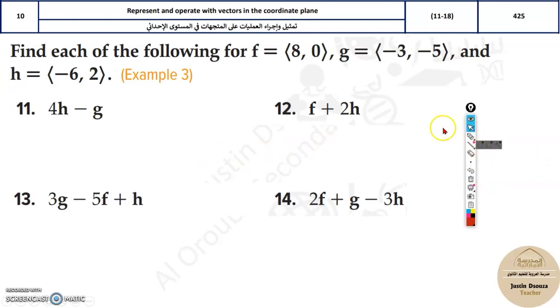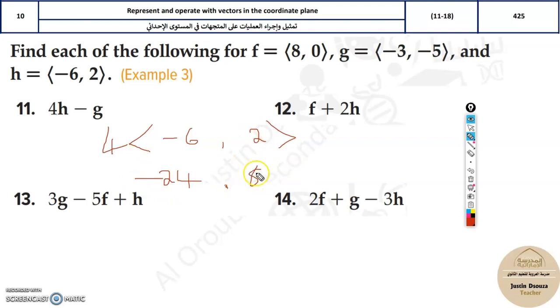Now let me just solve one in detail. 4 times h would mean like this, so it'll be 4 times 6, 6 fours are 24, negative, and over here 4 times 2 is 8, and now this is the 4h vector. You need to subtract this from negative 3, negative 5.